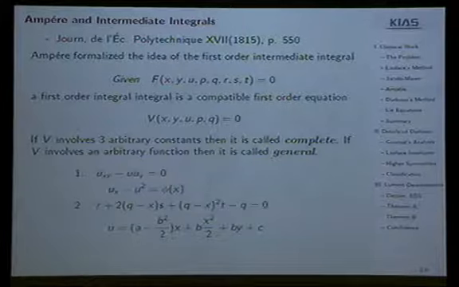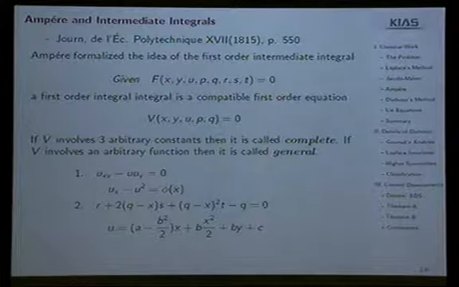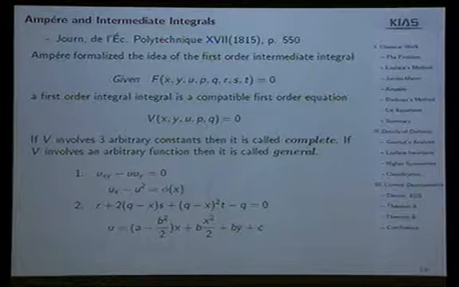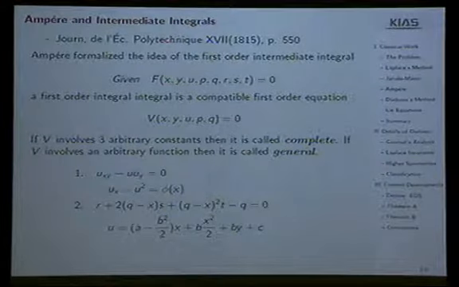Okay, and here's a simple example. This equation, u_xy minus u u_y, well, it's a pretty easy example. You can just see that this side is a y derivative. If I differentiate this with respect to y, I get the equation. And so this equation forces this first-order expression to be just a function of x. And so this here would be a first-order intermediate integral, and since it involves an arbitrary function of x, we would call it general.